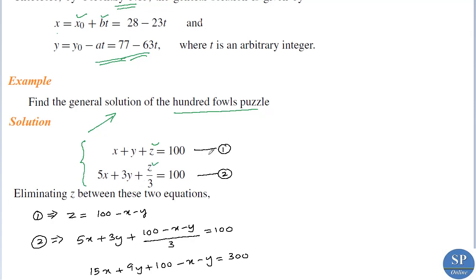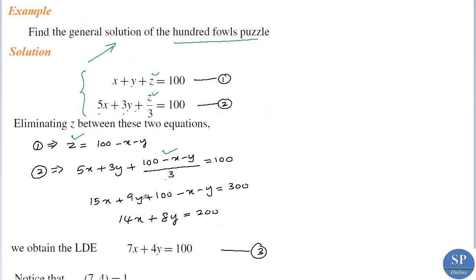In the first equation we get z equal to 100 minus x minus y. Now we replace this value of z in the second equation: 5x plus 3y plus 1 by 3 into z, that is 100 minus x minus y, equal to 100. Solving this, we get 15x plus 9y plus 100 minus x minus y equal to 3 into 100, that is 300.